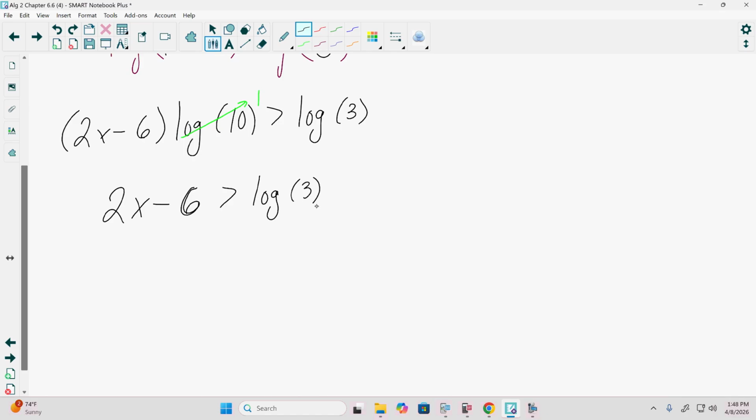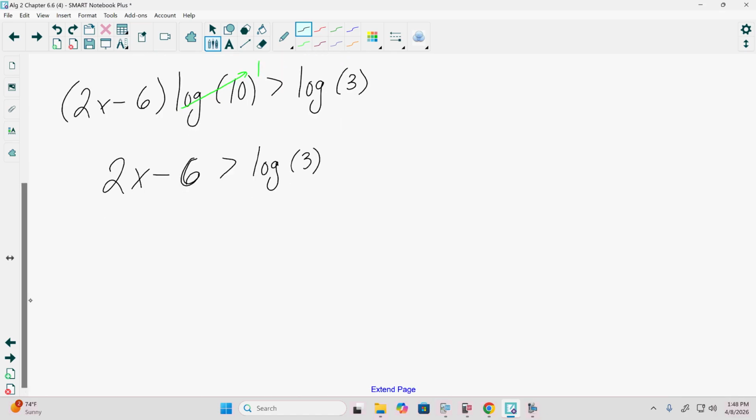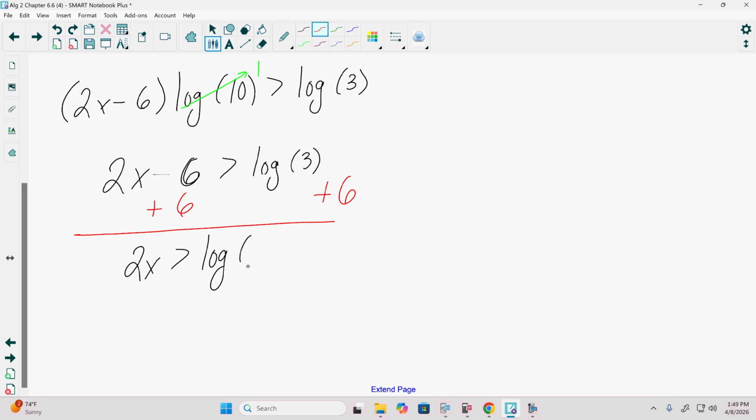All right, guys, focus up here. So at this point, we do have to solve this for x. First thing we can do is add 6 to both sides. And if we do that, we get the 2x is greater than log of what? 3 plus 6.